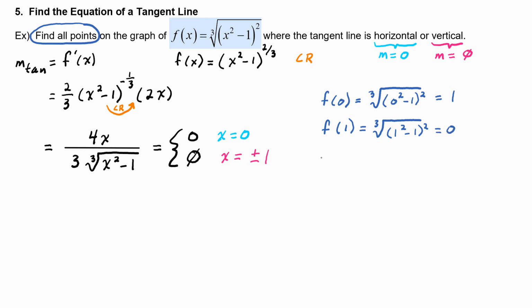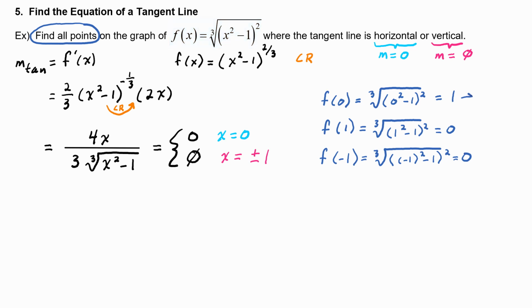We also have to plug in f of negative 1. That's going to be the cube root of negative 1 squared minus 1 squared. That's just 1 minus 1, which is also 0.